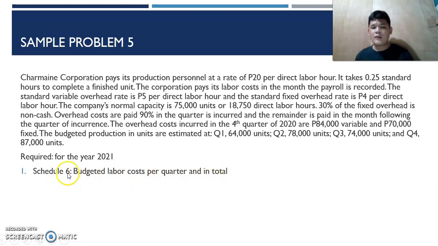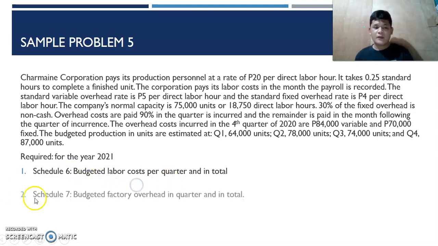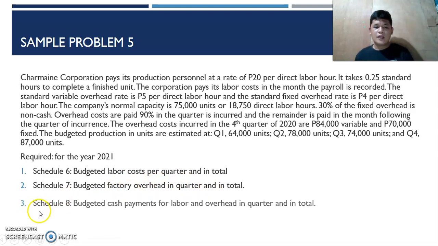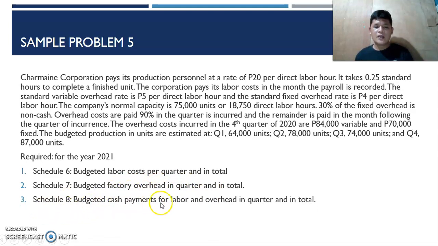So, magkukompute tayo ng pasweldo sa tao, which is, yun yung kailangang budgetan ng kumpanya. Next, Schedule 7, budgeted factory overhead in quarter and in total. And lastly, budgeted cash payment for labor and overhead in quarter and in total. So, i-total lang natin itong dalawa, yun na yung schedule number 8.